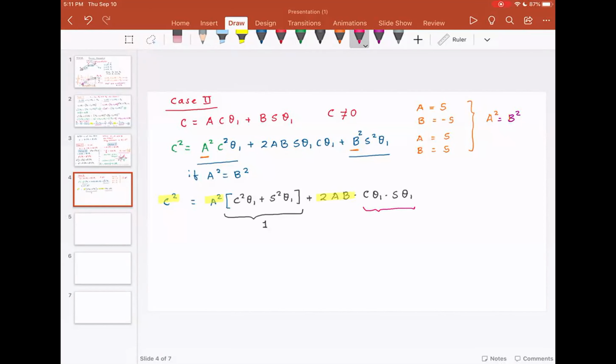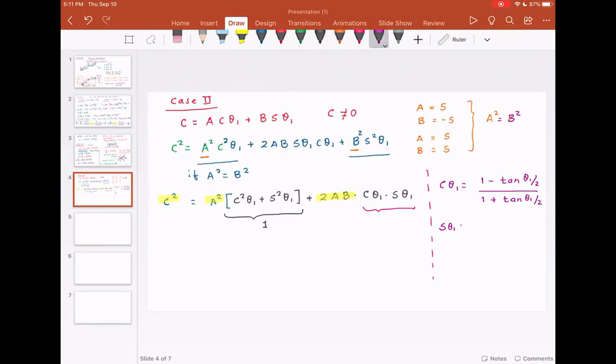What should we do now? So check this out. In this case, we have to use a substitution. And remember this substitution, this is a trig substitution. So what we are doing is trigonometric jugglery, nothing else. Cosine theta 1 is equal to 1 minus tan square theta 1 by 2 divided by 1 plus tan square theta 1 by 2.